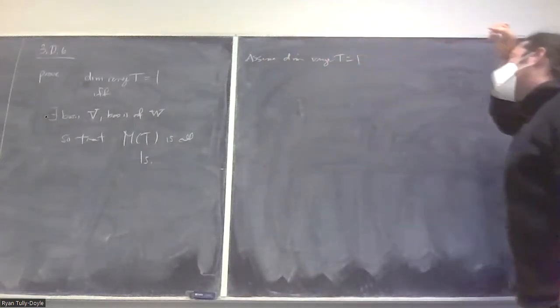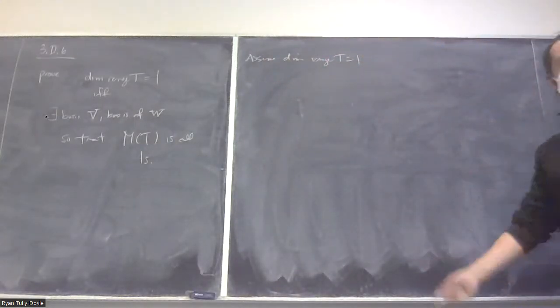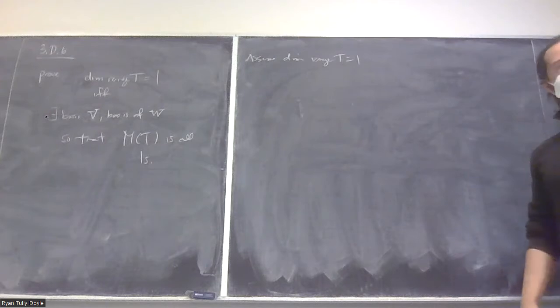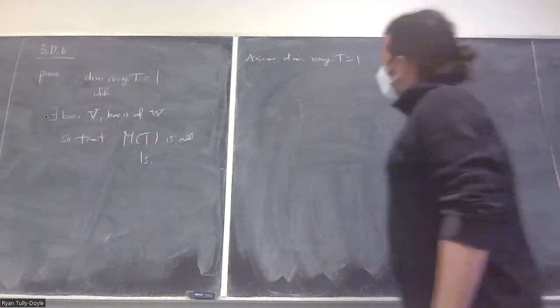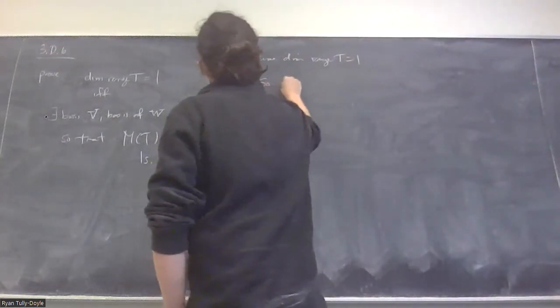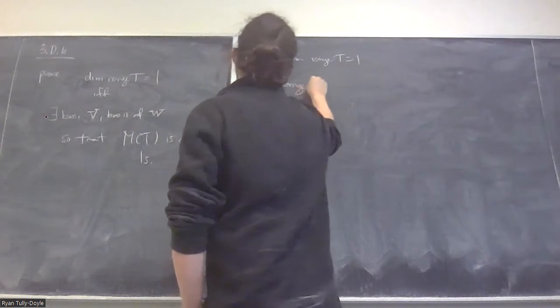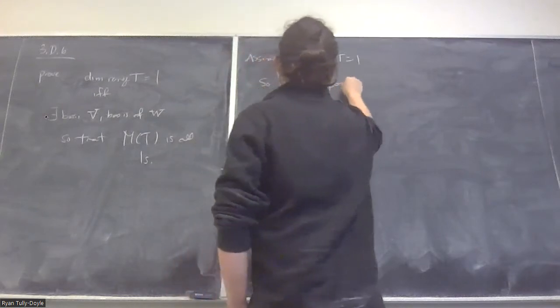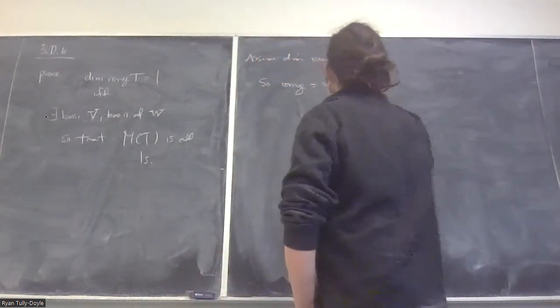And that means that it's a one-dimensional space, and so it has a basis consisting of one vector, right? So the range of T is the span of a single vector.